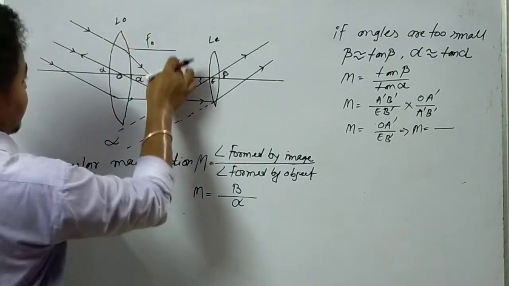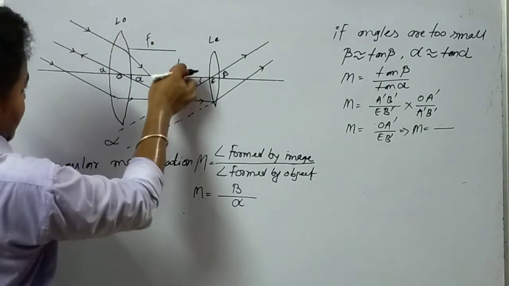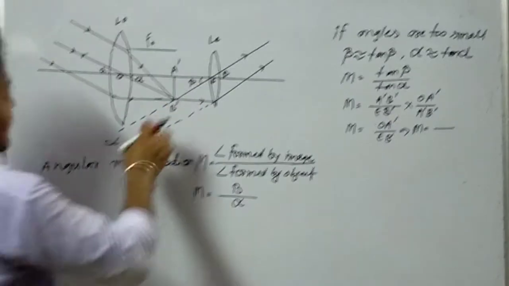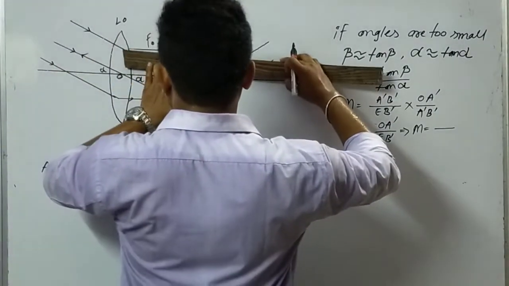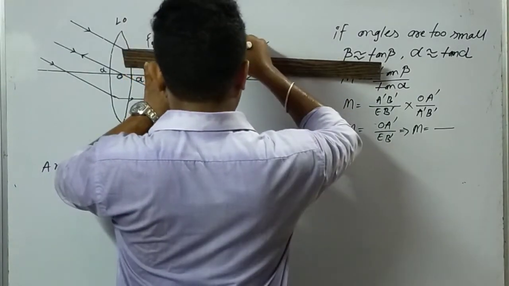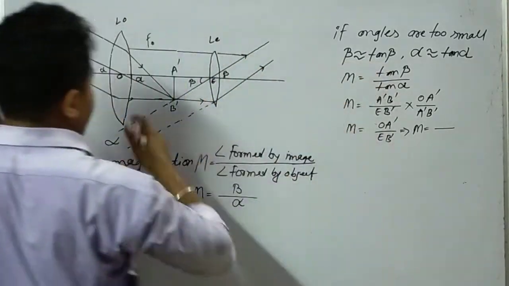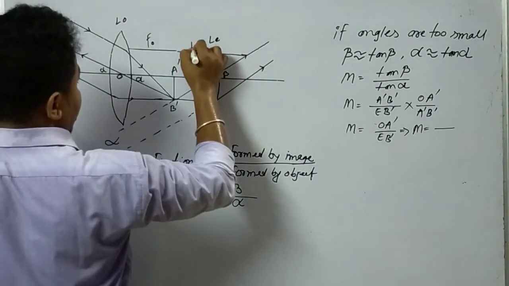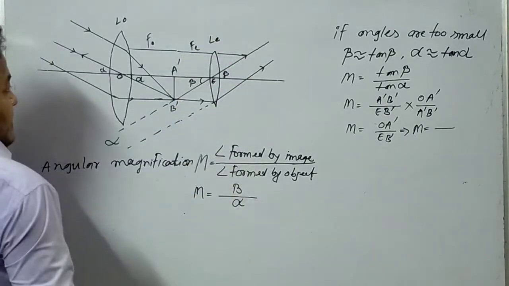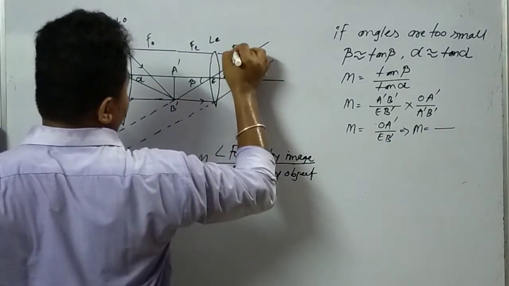From here to here, focal length for the objective lens. Since the image is formed at the principal focus. And again, this is going to be FE. This distance is going to be FE, the focal length for the eyepiece lens, and this is also going to be FE.